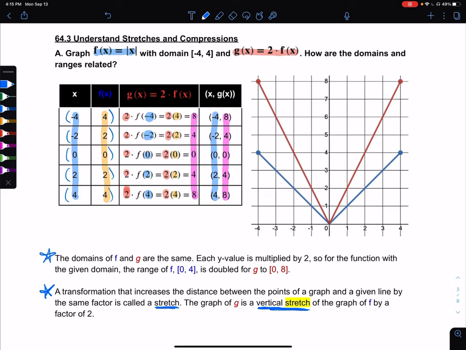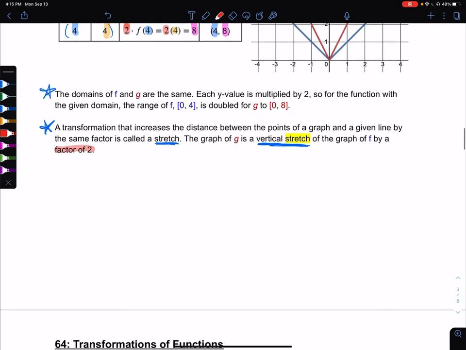We're making it longer, vertically. Again, the graph of g is a vertical stretch of the graph of f by a factor of 2. That factor of 2 is what came from up here, that multiplied by 2. So that's the basic concept of vertical stretch. There's much more detail we can go into, but right now we're just trying to use this as an introduction.